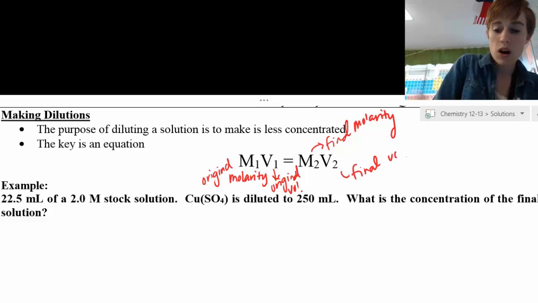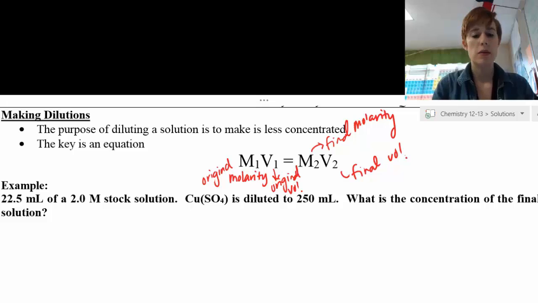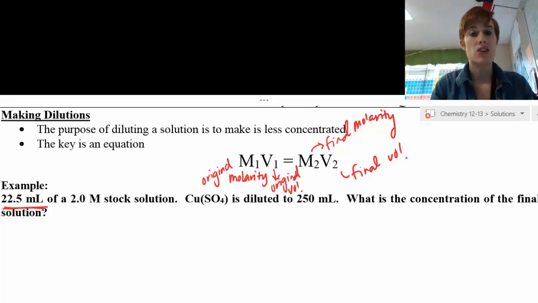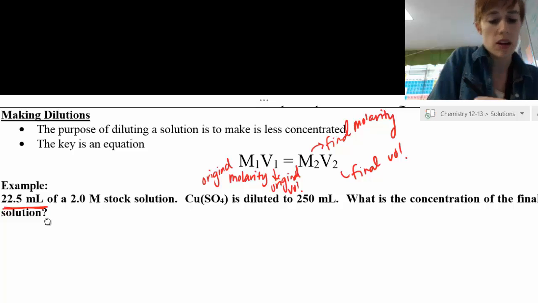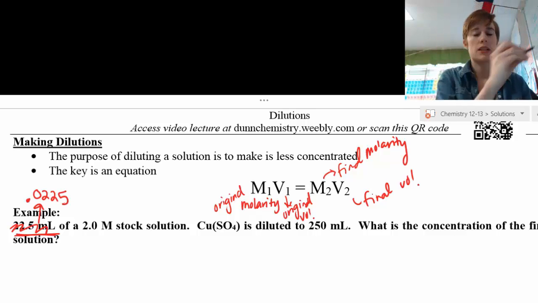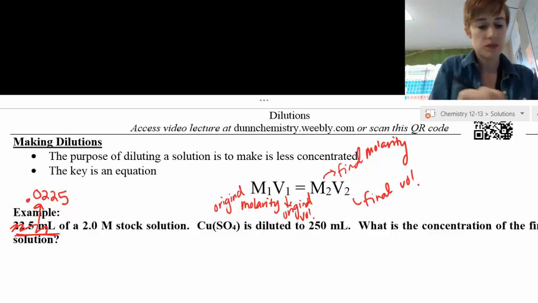Okay, so we need to underline and label all our givens. We have 22.5 milliliters, and remember, volume always needs to be in liters, so I'm going to convert milliliters to liters every single time. So this is really 0.0225 liters. Remember, move the decimal 3 places to the left to get liters.